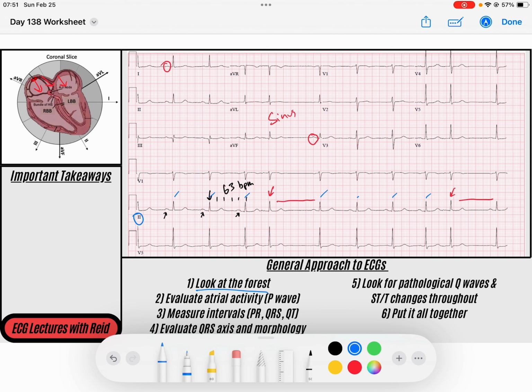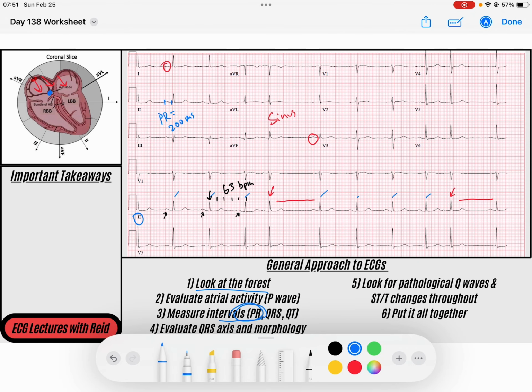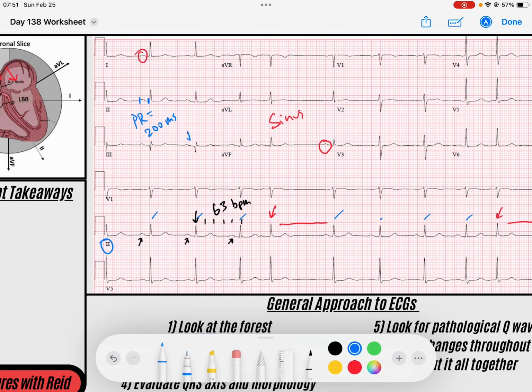Next thing to do within the conduction system is for my AV node to capture that signal and to delay it for 120 to 200 milliseconds, and so that would be my PR interval. So my PR interval, if I measure it, I would say it's right at the upper limit of normal, 200 milliseconds, but that's only for that one beat, so we need to make sure that it seems to stay the same, which I would say it does.